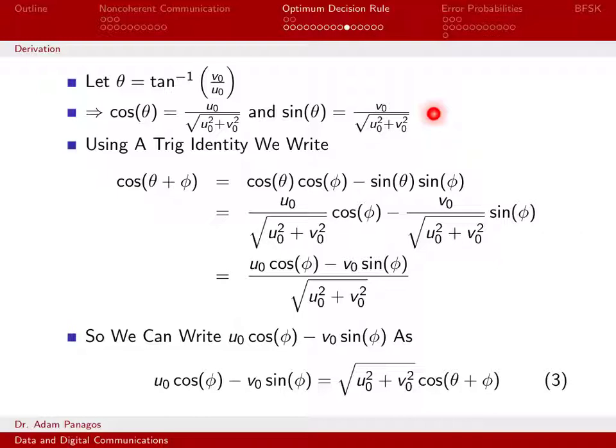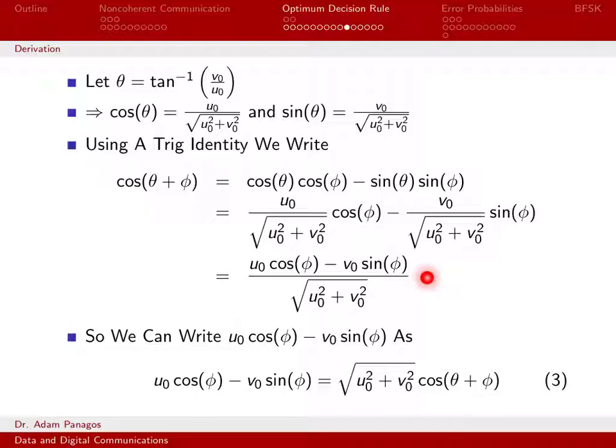The other thing to keep in mind is we can use this trig identity: cosine of theta plus phi equals cosine theta times cosine phi minus sine theta sine phi. That's just a basic trig identity. Nothing magical there. With our definitions for cosine theta and sine theta, I can substitute those in and get this equation. Notice that both of these terms have the common term square root of u0 squared plus v0 squared, so I can put everything over a common term.